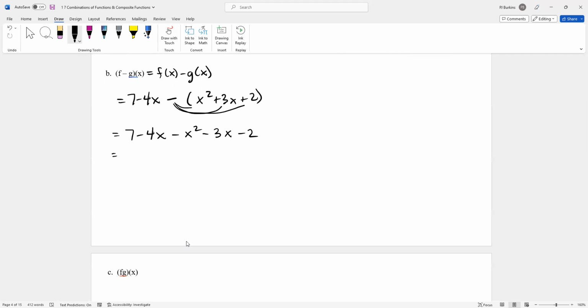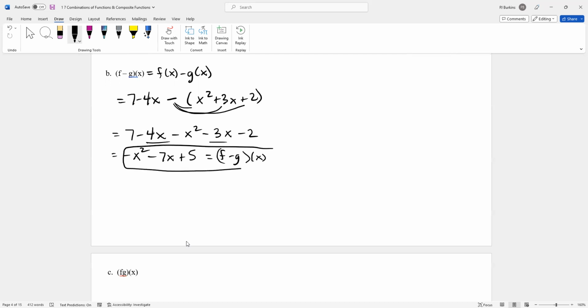Adding like terms, right? Minus x squared is by itself. Then I have minus 4x and minus 3x. That's minus 7x together. And then I have 7 minus 2, which is plus 5. This is the function f minus g of x.